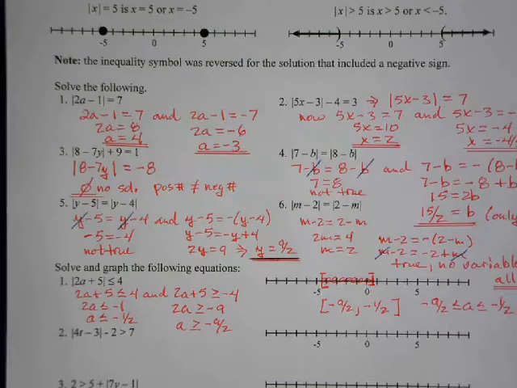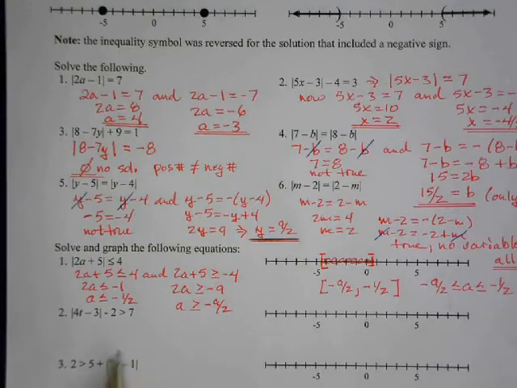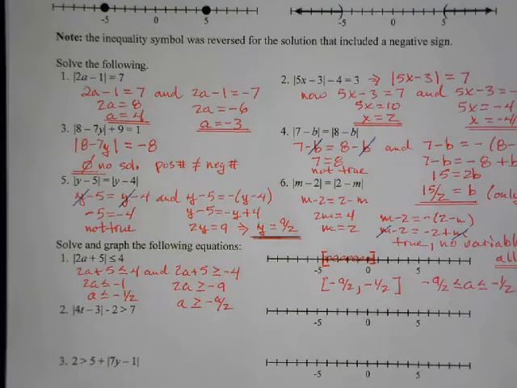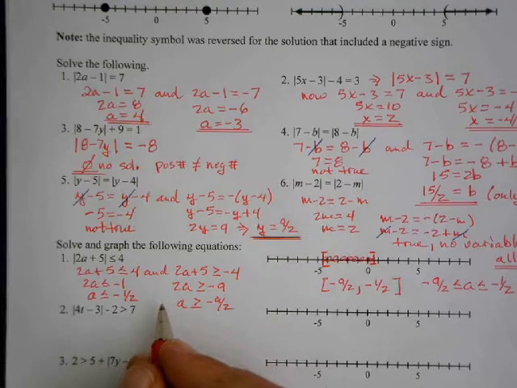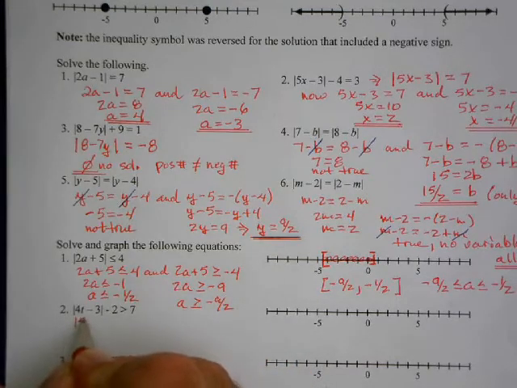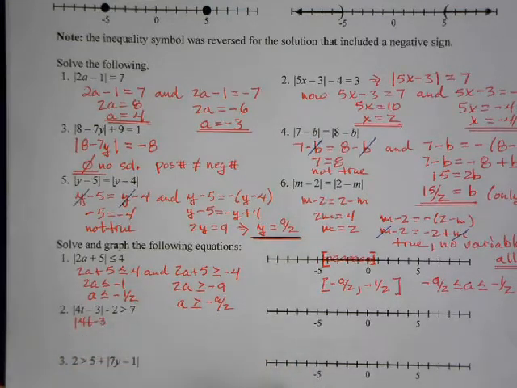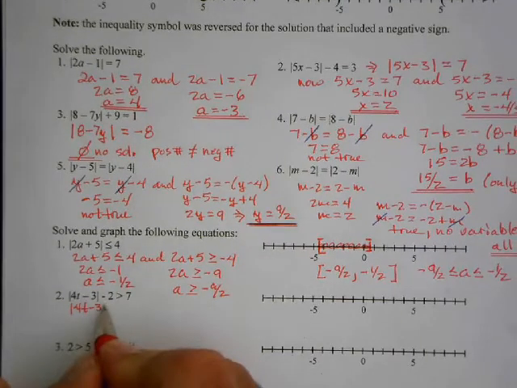All right, next, absolute value. And just as we did before, we're not going to do things unless we have the absolute value all by itself on one side. So the very first thing we would do is that.